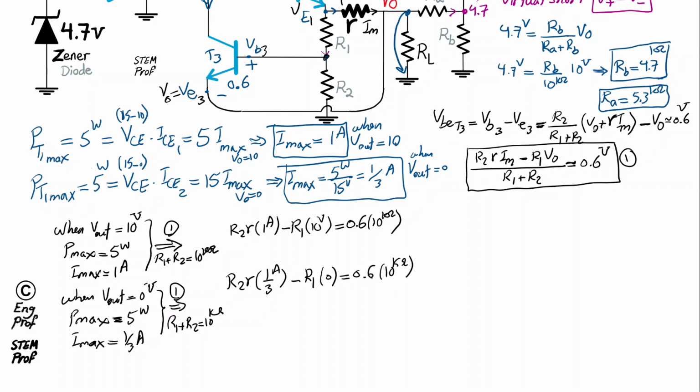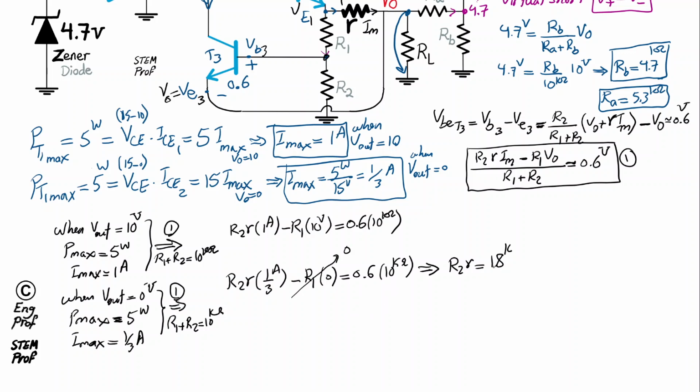So what do I learn from this? This term goes away because it is multiplied by 0, and I get this outcome. R2 times R is simply 1.8K, sorry, 18K, because 3 times 0.6 is 1.8 times 10 is just 18K.